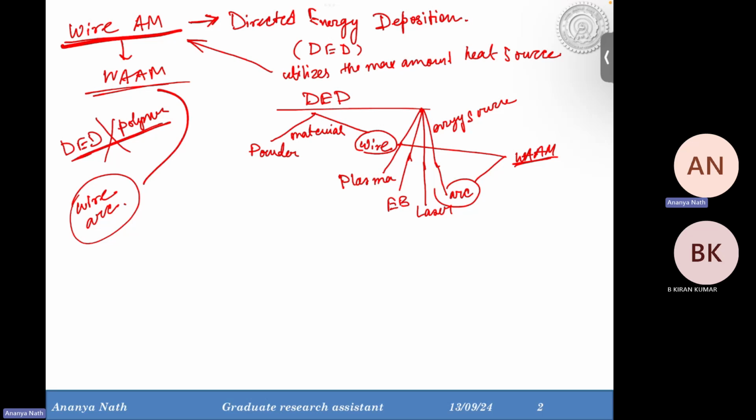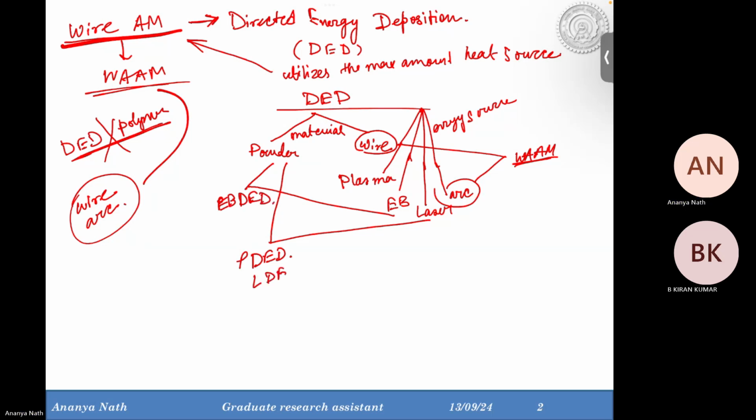Other than these, we have powder and electron beam. We have powder laser, which is called normal DED or powder DED. This is also powder DED, or electron beam DED. This is also called laser DED.